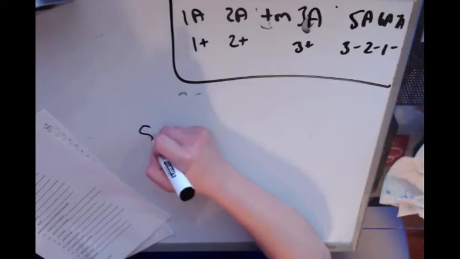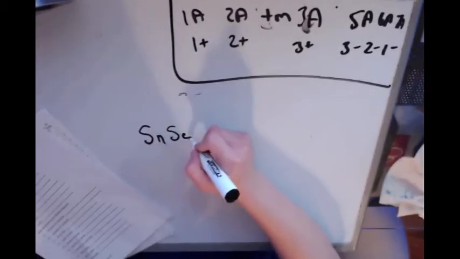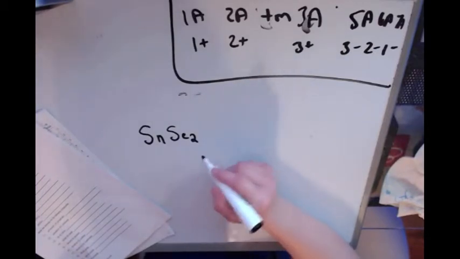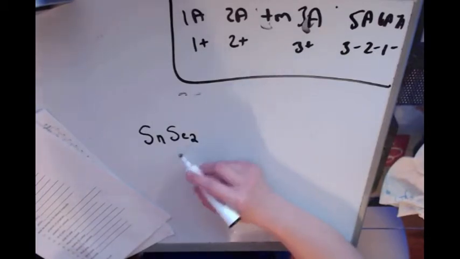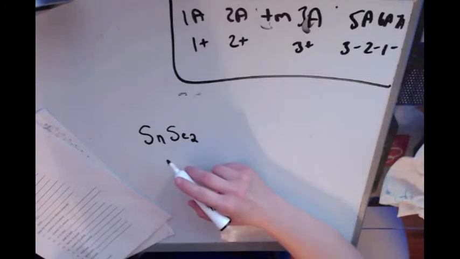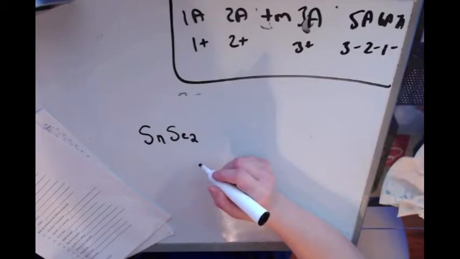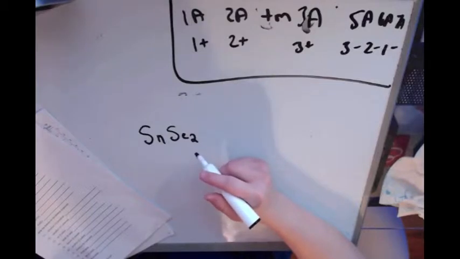Next up, we have SnSe2. So this is tin, and this is selenium. Tin is a metal that is in the 4A column.